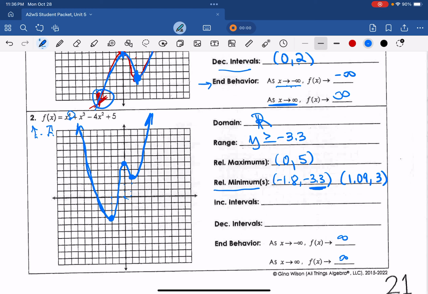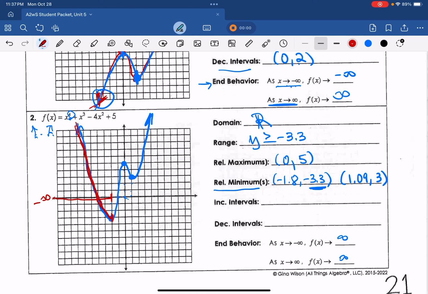Alrighty, but there is the graph, and now we just need to determine our increasing and decreasing intervals. So if we're coming in from left to right like we read a book, we're actually going down. So we're decreasing from negative infinity to this point right here.